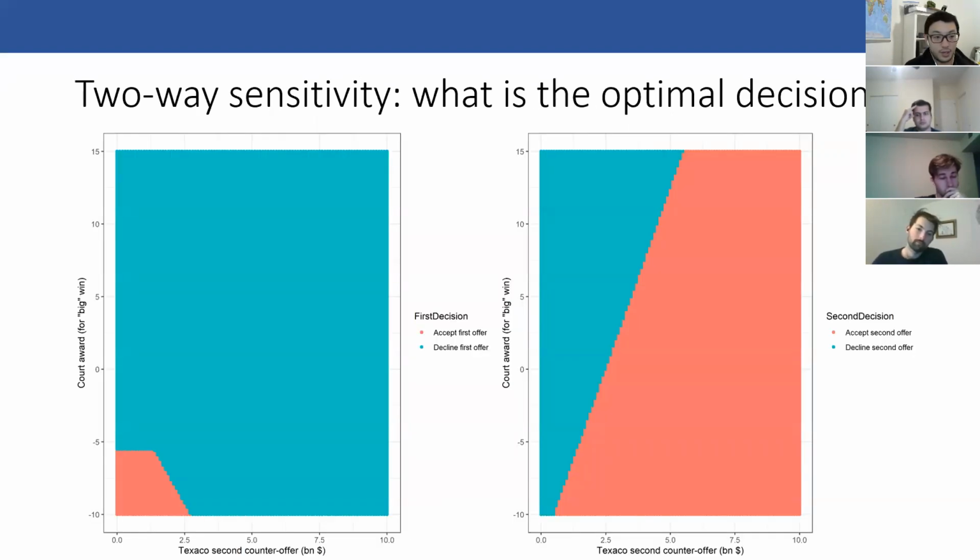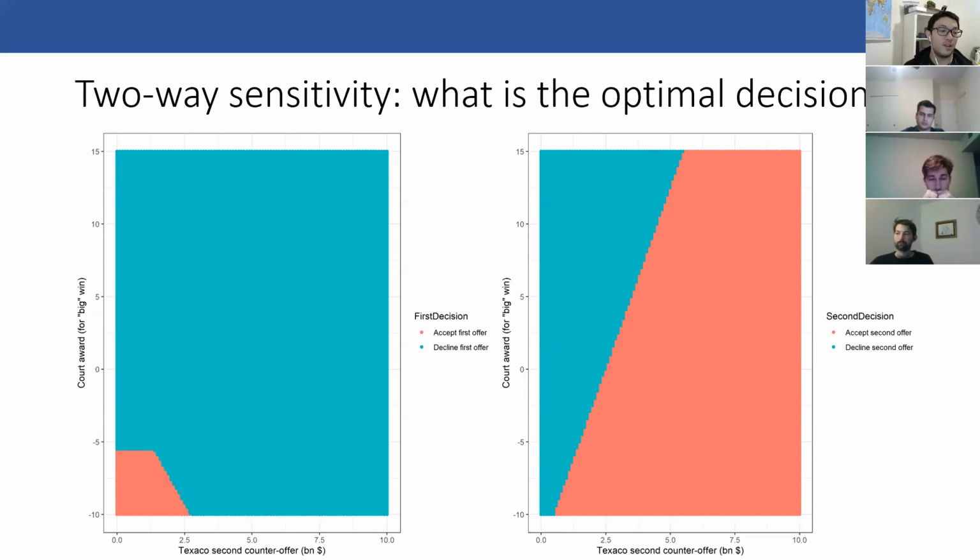Okay, in this case, this is the same two-way sensitivity, but instead of looking at the overall expected value of your outcome, now I'm measuring out the EV of the two branches for each decision. I have my first decision about accepting or declining the first offer, and then the second decision about accepting or declining the second offer.